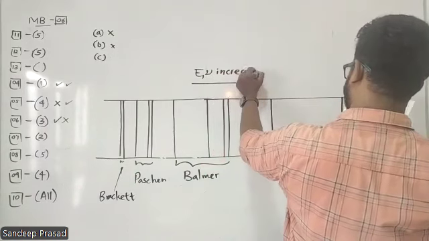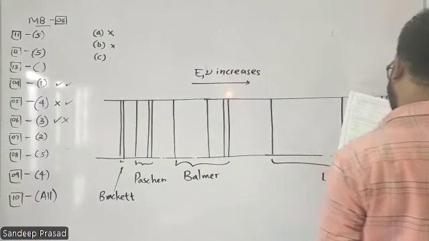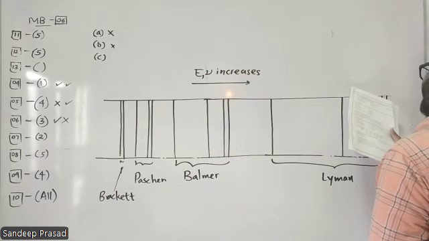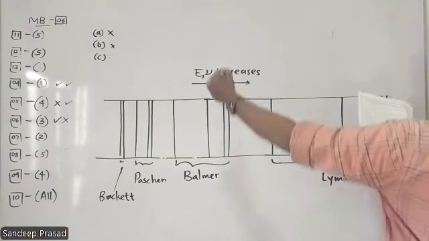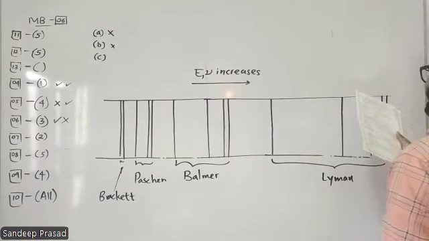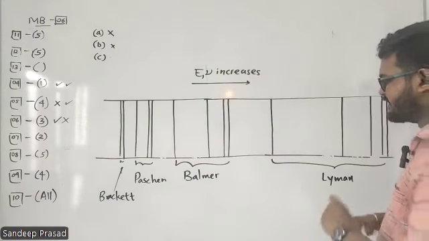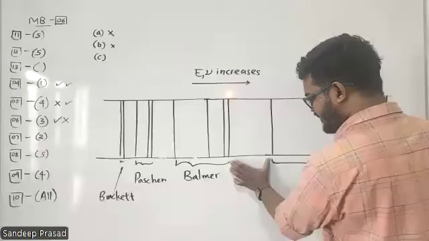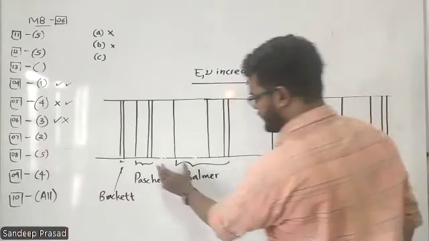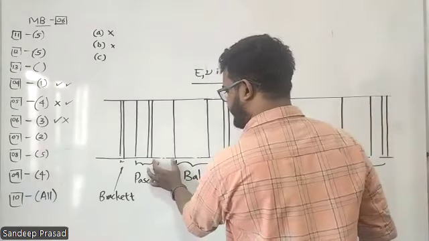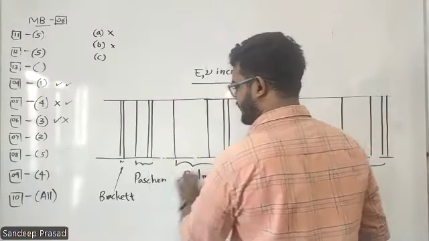So as they say here, spectral lines get closer in the direction of increasing frequency, and the gap between two series also increases. Students, here you have to consider that this is the gap between Lyman and Balmer. This is the gap between Balmer and Paschen. And this is the gap between Paschen and Brackett.